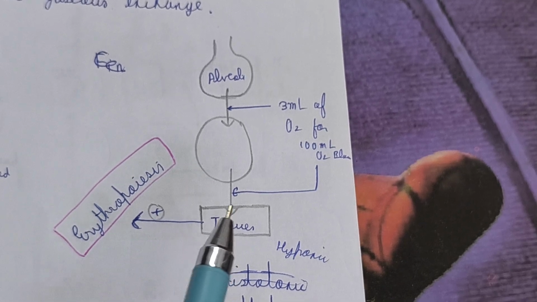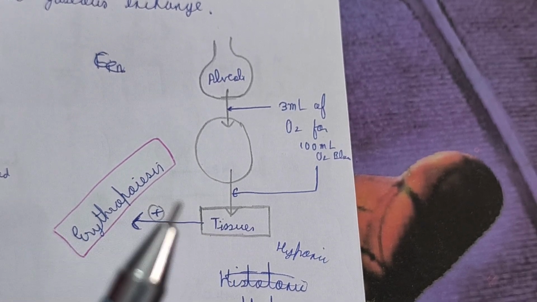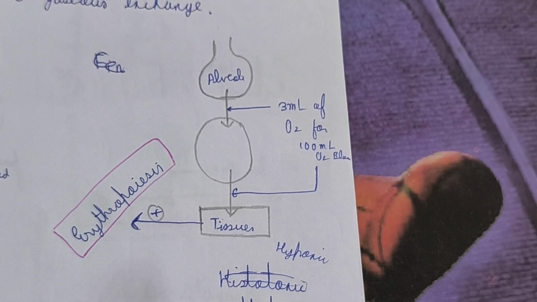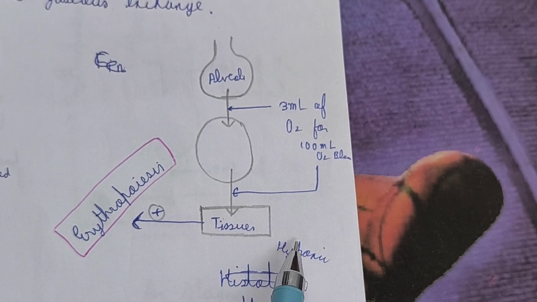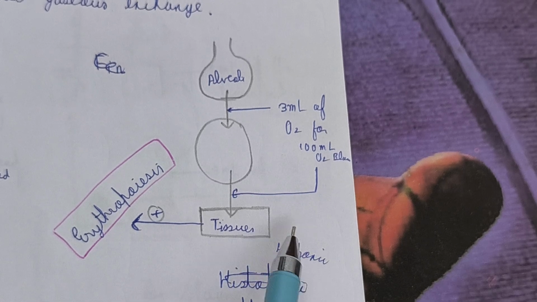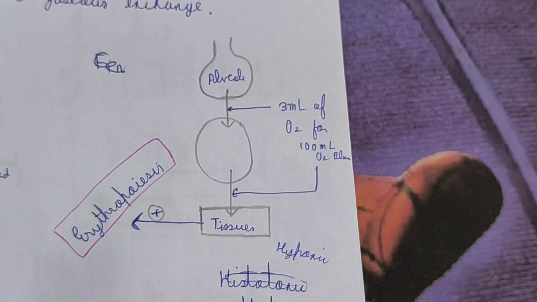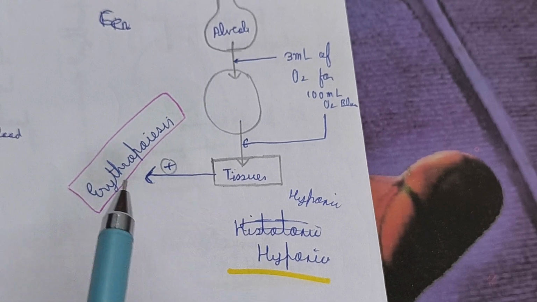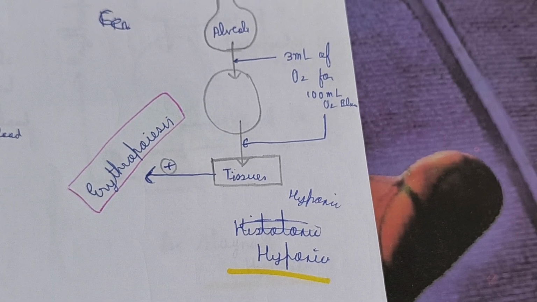So the oxygen supply to the tissues is reduced. So hypoxia occurs, because we have already discussed that decreased availability of oxygen to tissues is known as hypoxia. So in this case hypoxic hypoxia occurs, and this stimulates erythropoiesis.